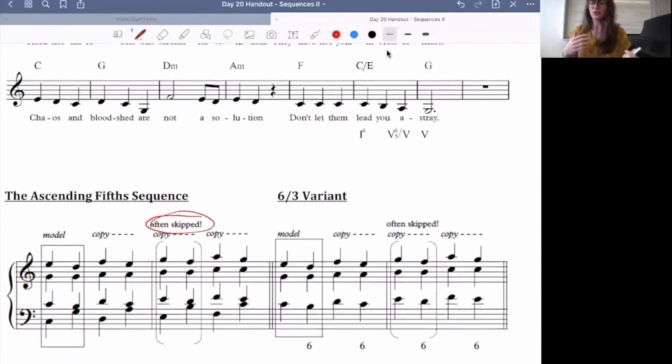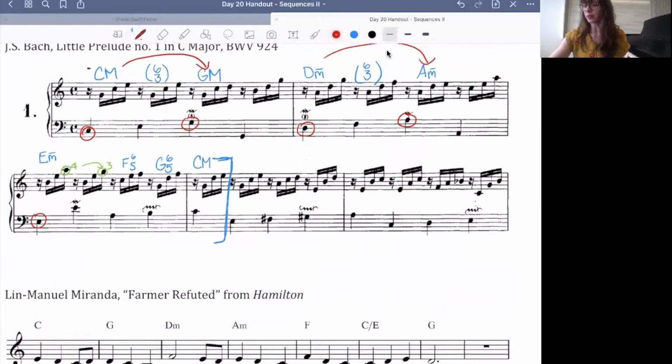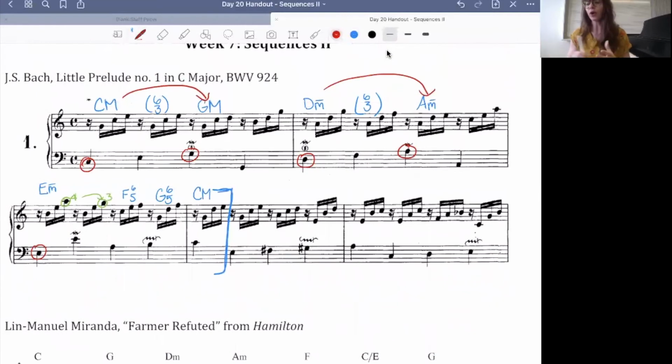This is to avoid dealing with a diminished triad, and specifically in this instance, a root position diminished triad. So a lot of times that copy will either be entirely skipped, or as we see here, we get the first half of it and then our pattern breaks and we bring ourselves then to a nice little cadence.